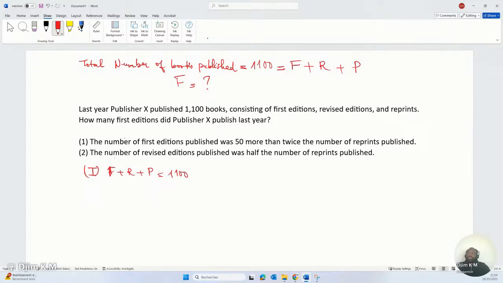And the first condition tells us F equals 50 plus twice the number of reprints, which we call P, like this.